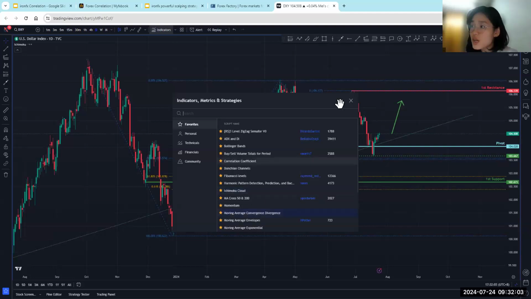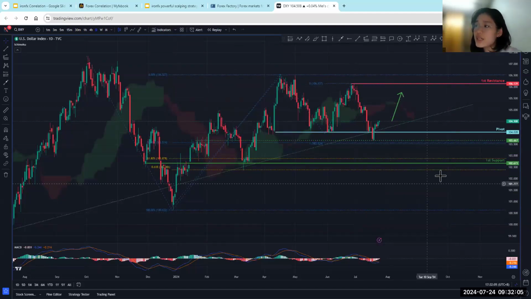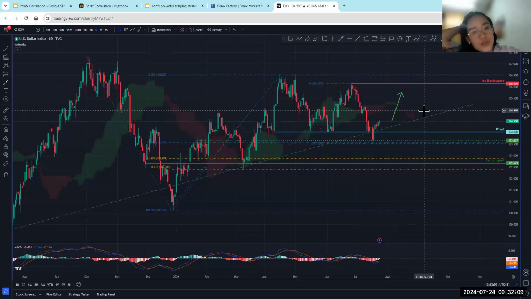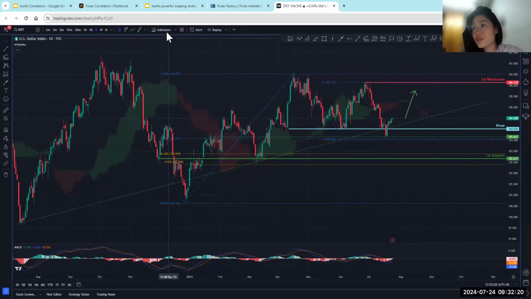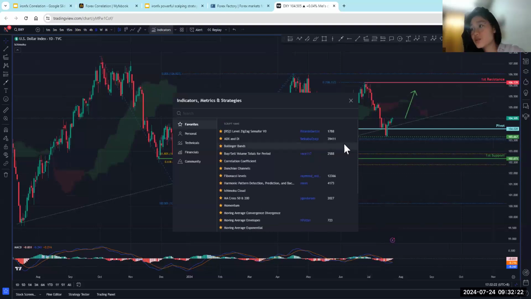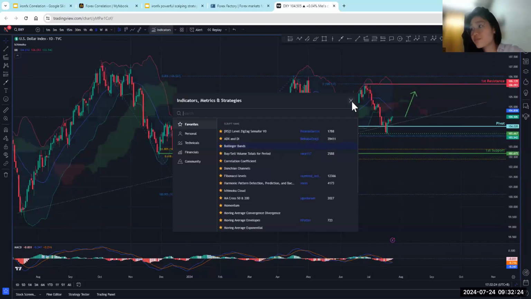I'm going to start off with Ichimoku and MACD, and I like to start with these two indicators because at one glance you can see exactly what the signals are. You can see both our Ichimoku and MACD are giving us a bearish signal. So let's pull out some other indicators to see if there's anything else.